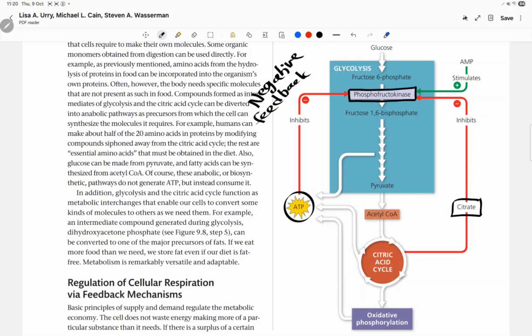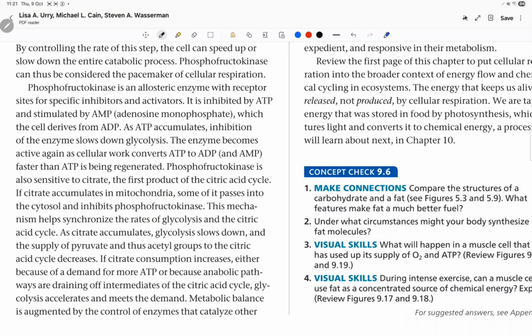And this will shut down the entire process. So phosphofructokinase is the enzyme that can regulate cellular respiration. If you want to stop cellular respiration, simply stop this enzyme from doing its job. You will stop it by an inhibitor. That's why it's called an allosteric enzyme, because the inhibitor will bind on its allosteric site, basically.